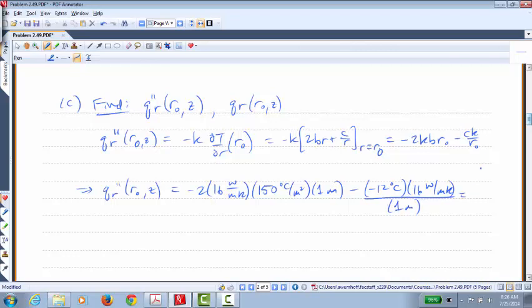And the answer to this is minus 4,608 watts per square meter.